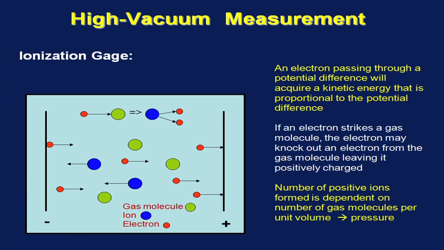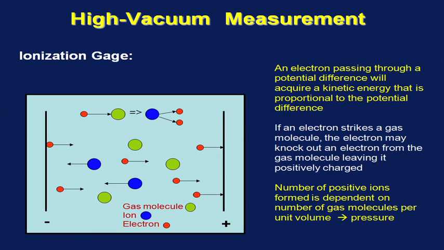So, if I send a stream of electrons in an enclosure, and the enclosure is connected to the pressure source or to the vacuum whose pressure I am interested in measuring, then these emitted electrons will strike these gas molecules and positively charged ions will be formed.